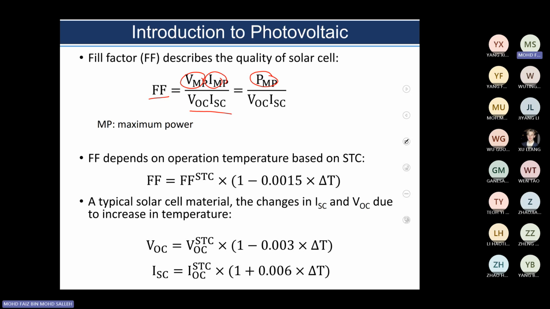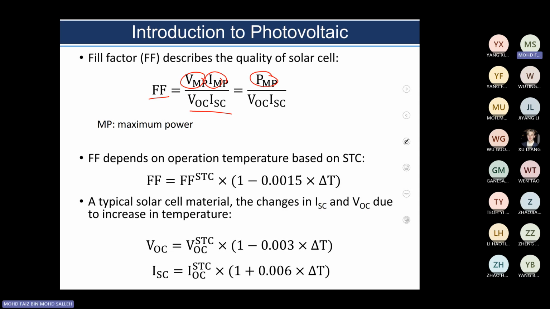What it means is the ability of your solar cell to produce the maximum power compared with its open circuit voltage and short circuit current. You know that open circuit voltage is the maximum voltage, and short circuit current is the maximum current. So if you can get one, which is not possible, get the one.